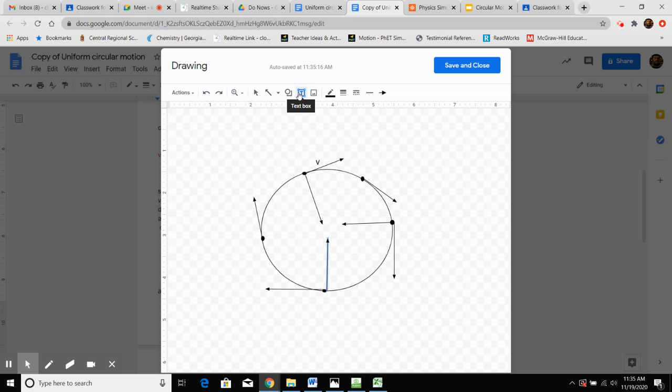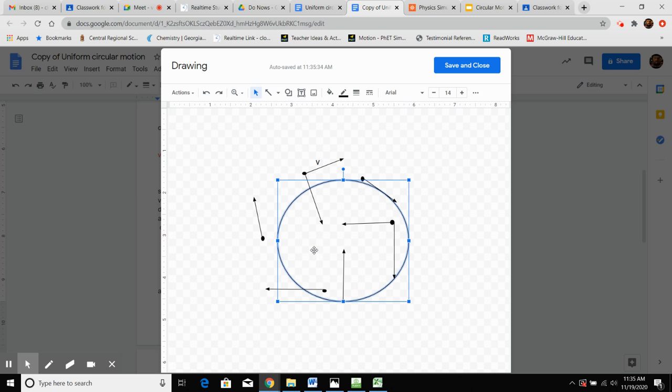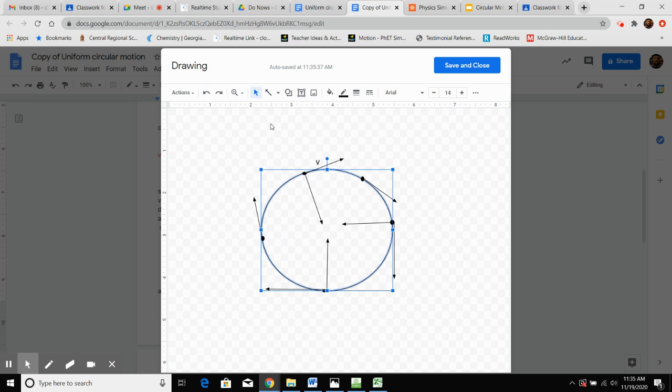Once you have those drawn in, just go to text box and you can just do it for one of them. That was not what I wanted to do, so let's undo that. Text box. There we go.